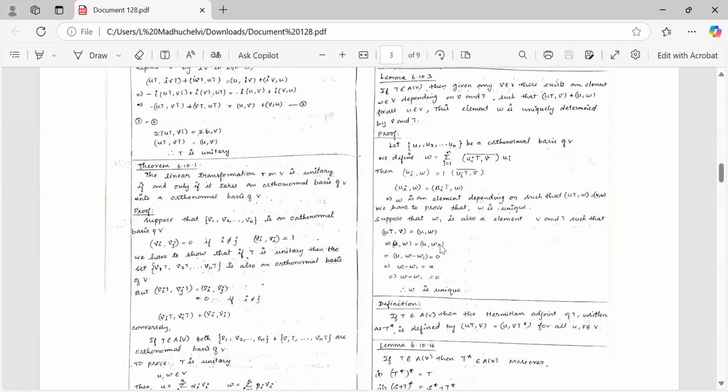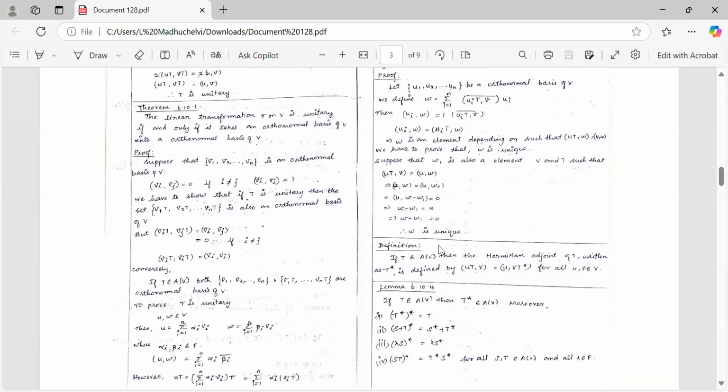Another definition is Hermitian adjoint. If T belongs to A(E), then the Hermitian adjoint of T, written as T star, is defined by inner product (uT, v) equal to inner product (u, vT star) for all u, v belongs to V. The next lemma tells us about the properties of the Hermitian adjoint.